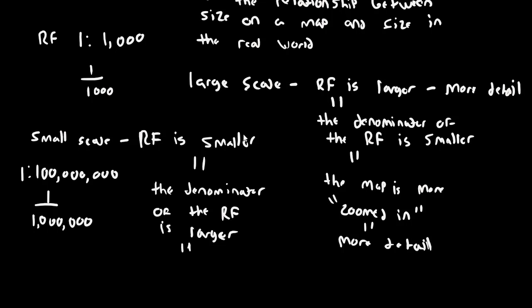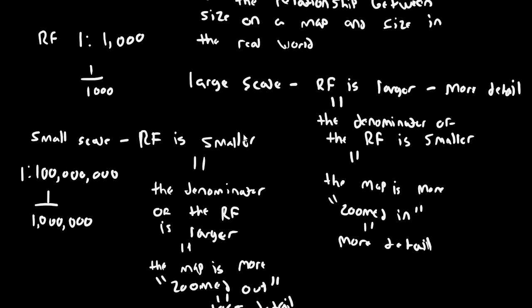That means that the map is more "zoomed out", or you have less detail, because 1 unit on the map now represents much more length in the real world, meaning you have a more zoomed out appearance, meaning that you have less detail available to you.